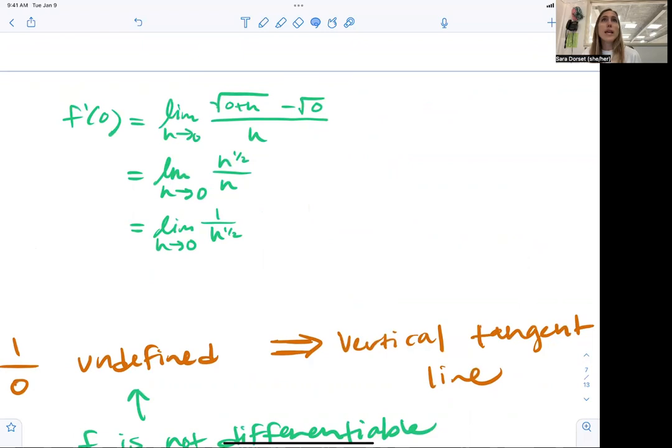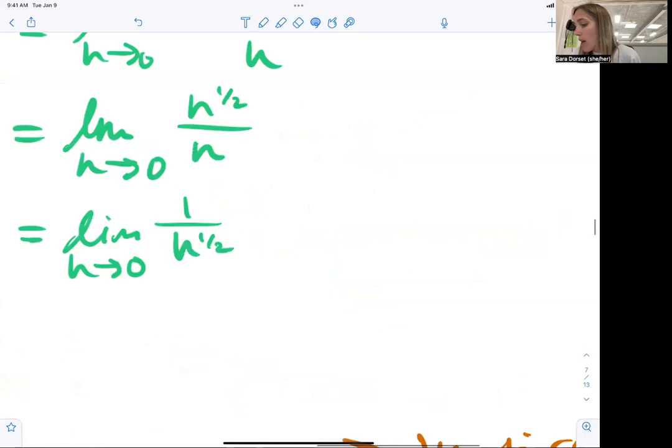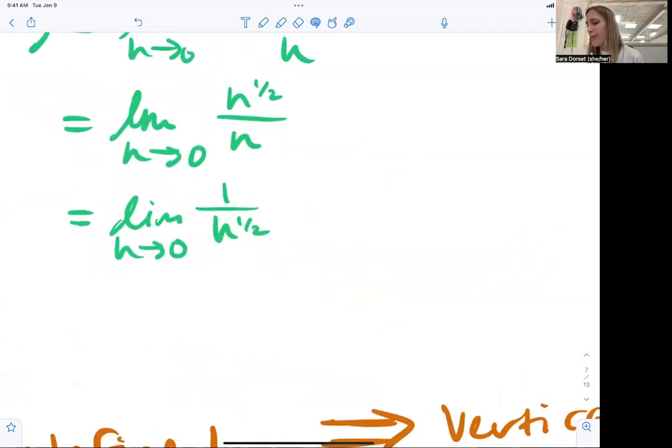Now, there is a square root here. What happens to the left of 0 with a square root?